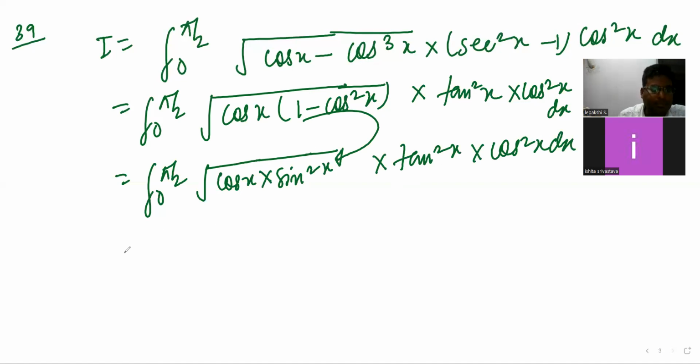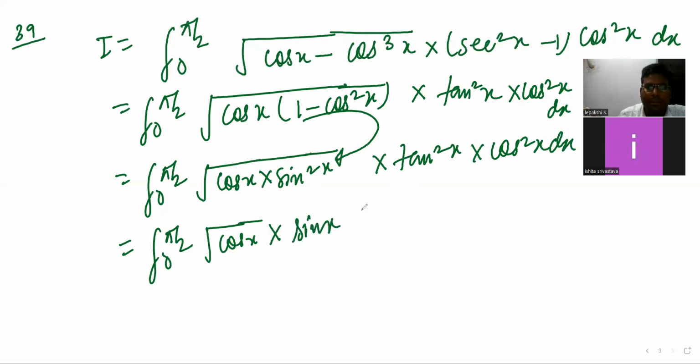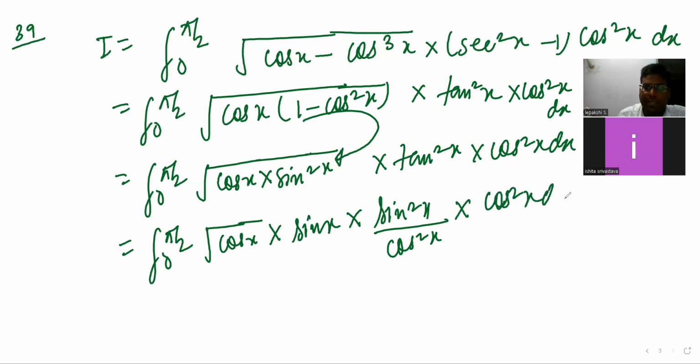Then it will become integration 0 to pi by 2 under root of cos x, so sin will be coming out, right? So it will be sin of x into sin square x upon cos square x. I have written tan in the form of sin and cos, into cos square of x into dx. So see here, this will get cancelled by this term. Understood?